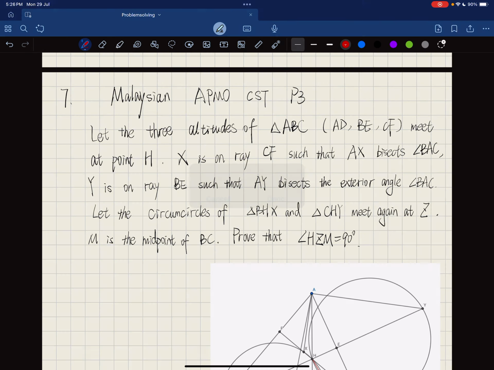Okay, so today we are going to solve a problem which appears in the Malaysian APMO CST, and it is placed in problem 3. So what is APMO?